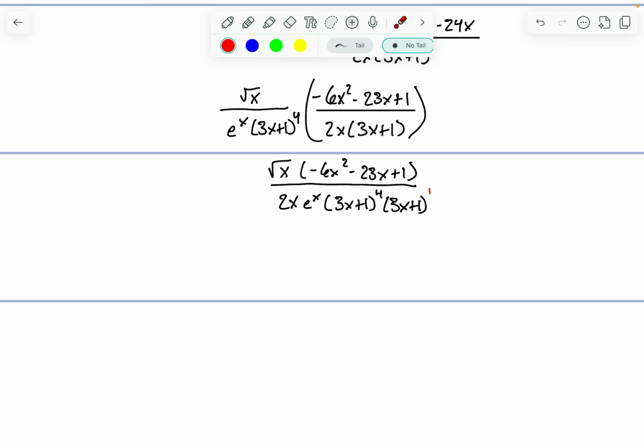We also know that we can rewrite the square root of x as x to the power of 1/2, and everything has an exponent. If the exponent's not being shown, we're just going to assume that the exponent is 1.